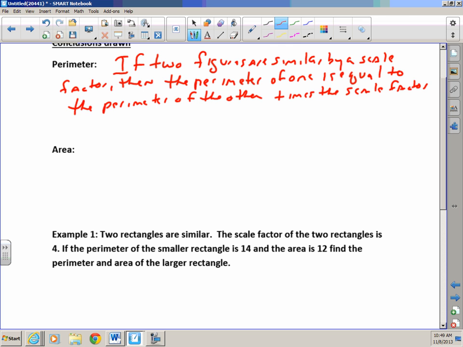So, our little formula: perimeter of the original times scale factor equals the perimeter of the image.